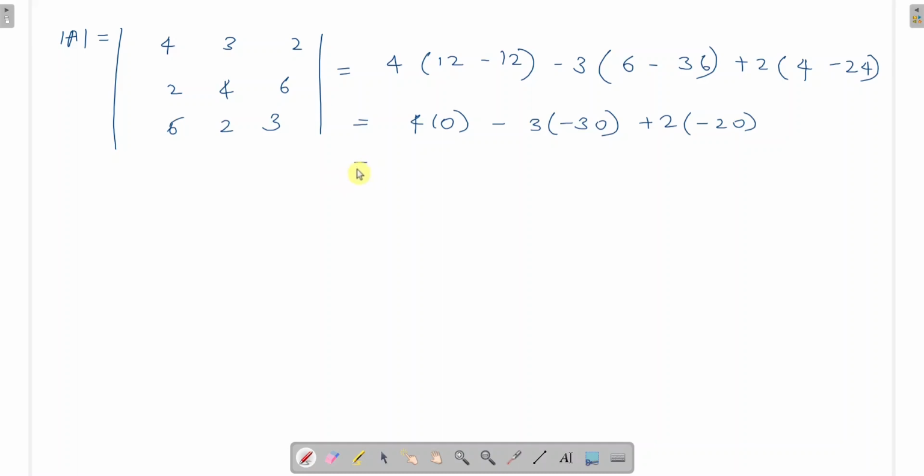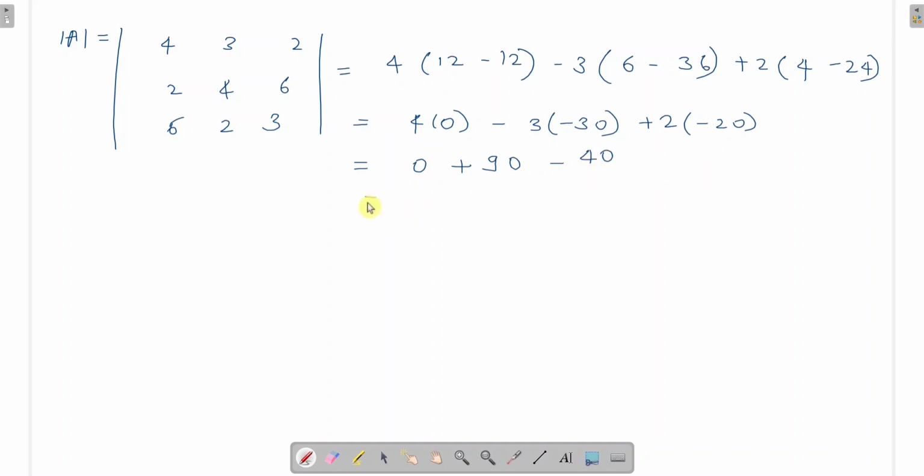Okay, so that will be equal to 0 plus 30 minus 40. There is a mistake here. 3 times 30 is 90, and then minus 40.